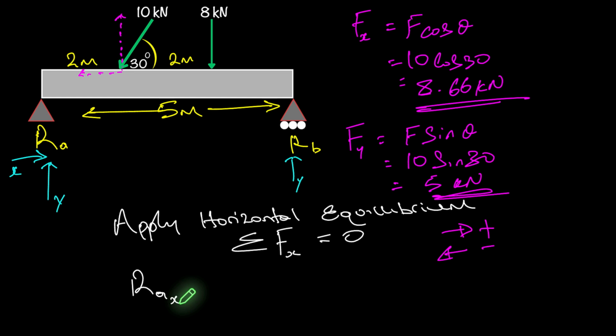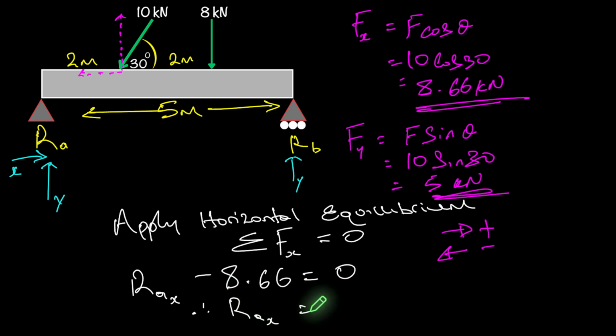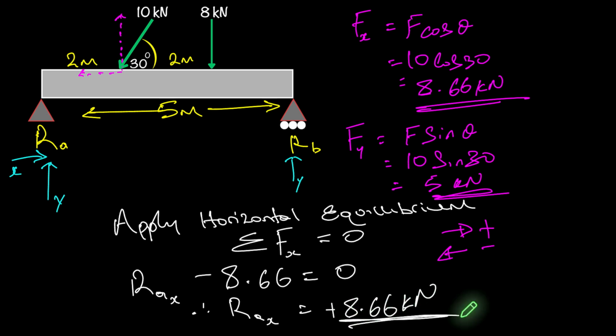So it's RAX minus 8.66, and that equals 0. So therefore RAX will be equal to, if we were to solve this equation, a positive 8.66 kilonewtons. So that's representing our RAX.